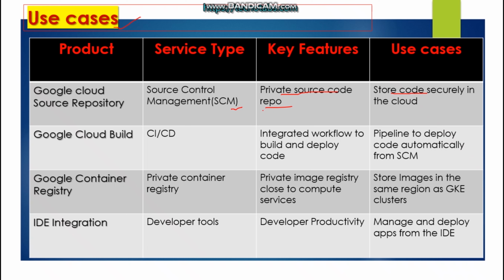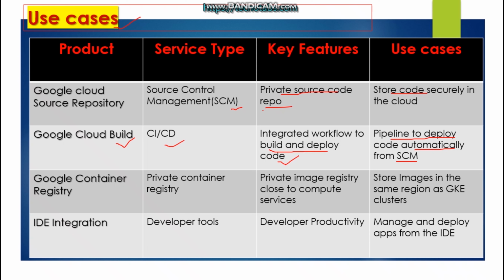The next is Google Cloud Build, that is basically used for building and deploying your code. It's similar to Jenkins, where you provide your source code and it will perform all the deployment activity. So it's a pipeline to deploy code automatically from source code. We call it CI/CD, continuous integration and continuous deployment.